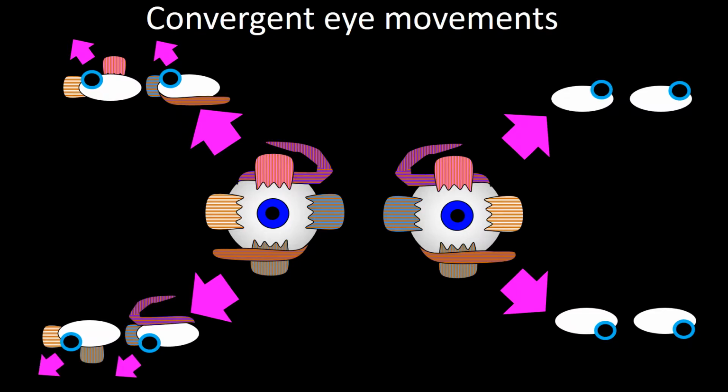Looking down and to the right will be accomplished by the right lateral and inferior recti contraction and the left medial rectus and superior oblique contraction in the other eye.